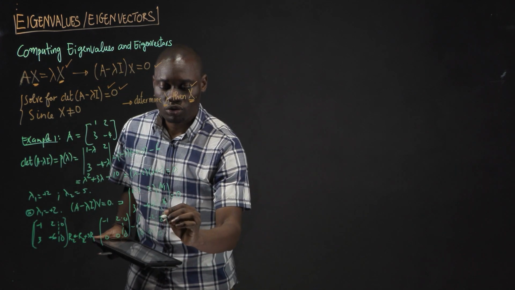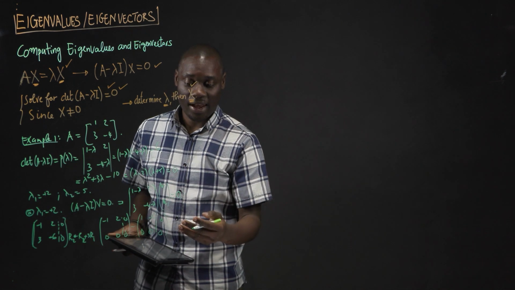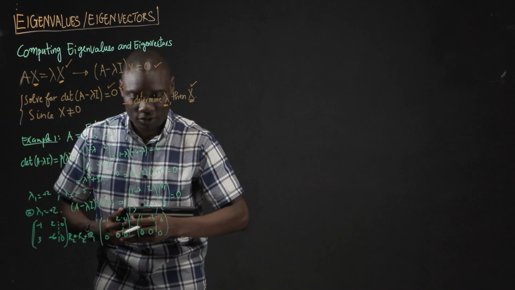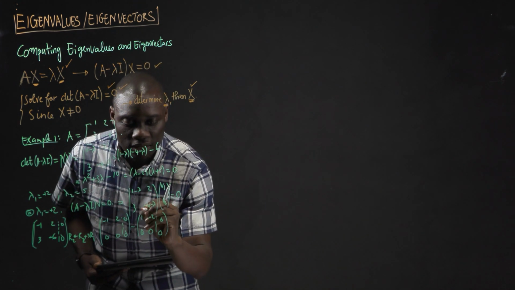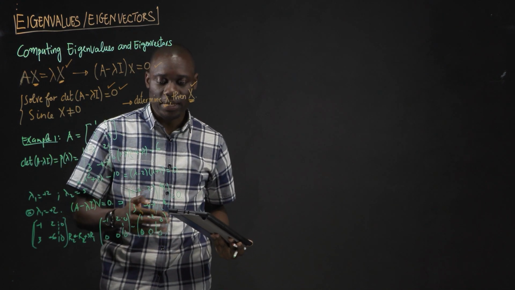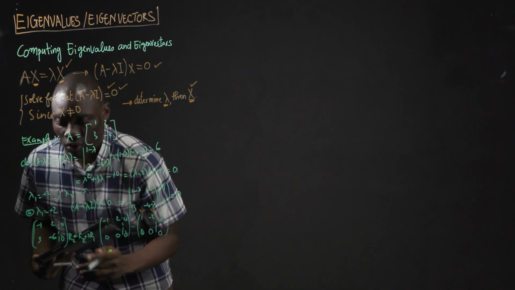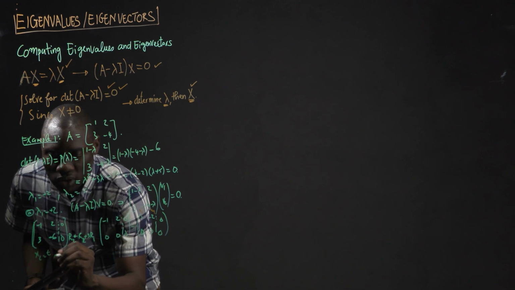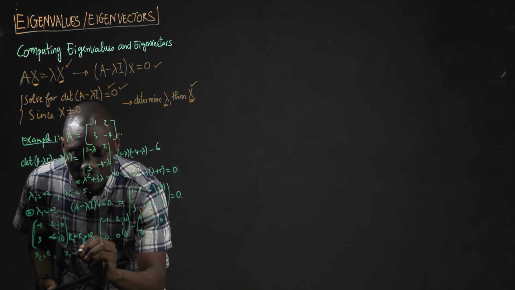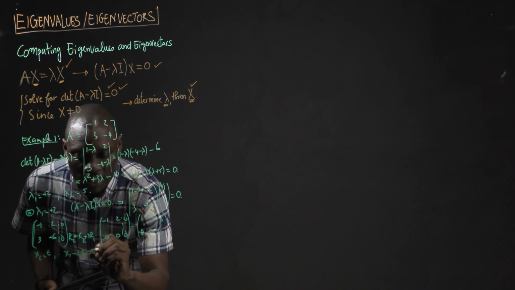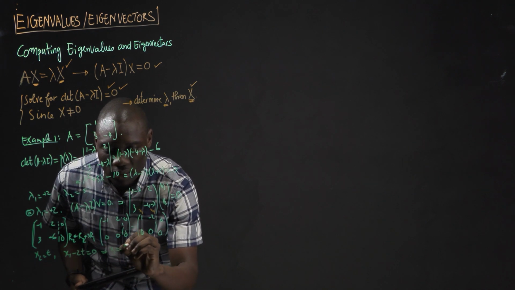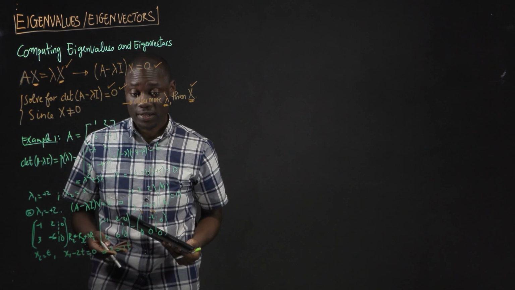Now I realize that if I have two variables, x1 and x2, then x1 is fixed and x2 is free. So if x2 equals t, from the first row I have x1 minus 2t equals 0, giving x1 equals 2t.